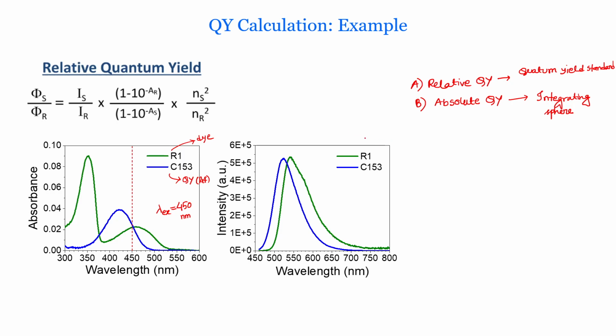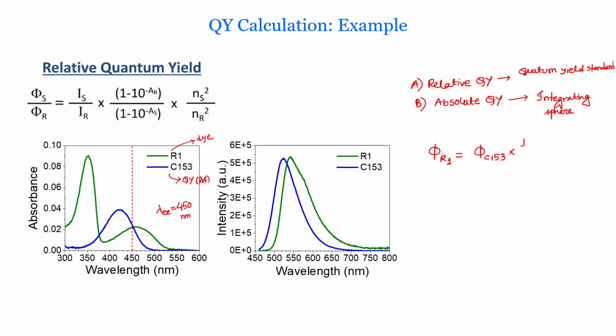So what are the things we need to calculate? For your phi R1, we need the quantum yield of C153, which is known. That is why it is the standard. We cannot take any fluorophore arbitrarily for a relative quantum yield measurement.